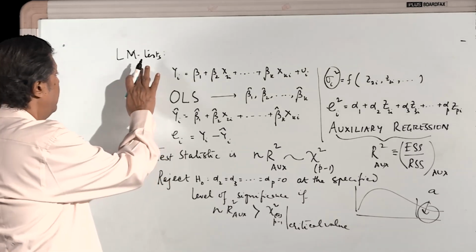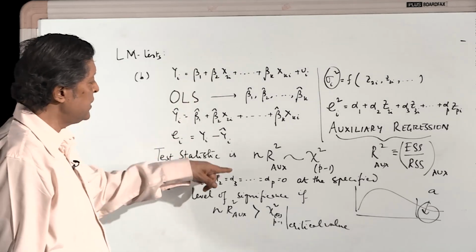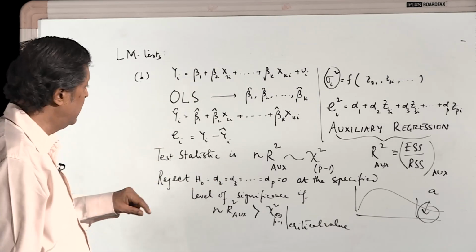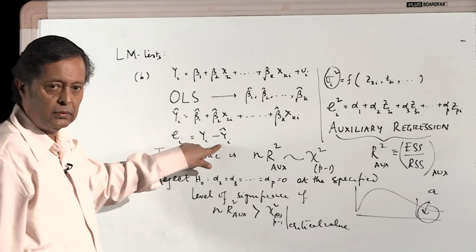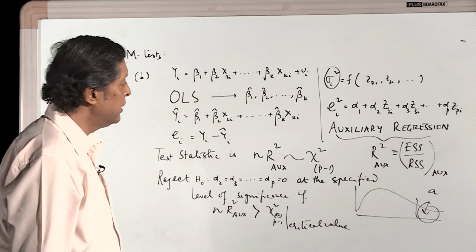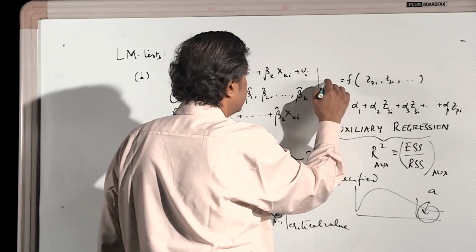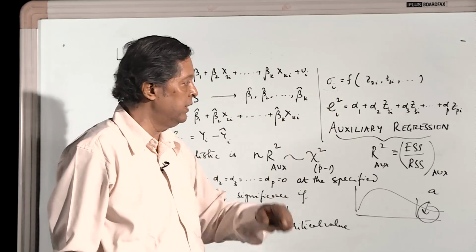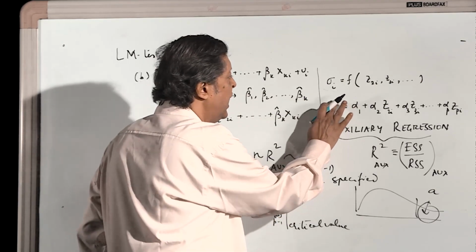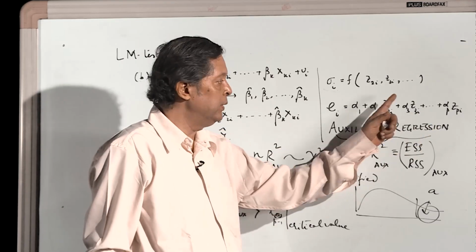Similarly, for type B, what we do is, again the first few steps are the same. OLS regression on the mother model to get the errors e_i's, but now we take the second form, sigma i is a function of all this, and so we regress e_i on Z2, Z3 up to Zp with an intercept.